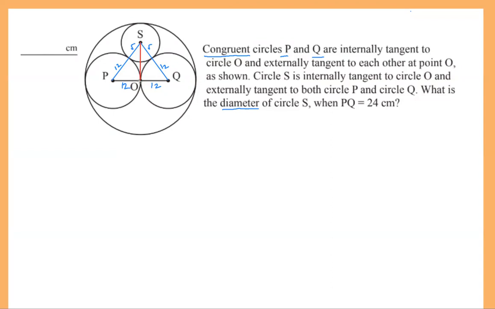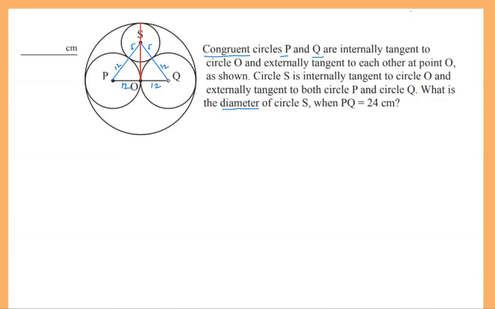But here's the question that I have. How do I get this red segment? Do I have anything else? If I extend this red segment all the way to this point of tangency, the red one is the radius of the largest circle, and I do know this is my center.